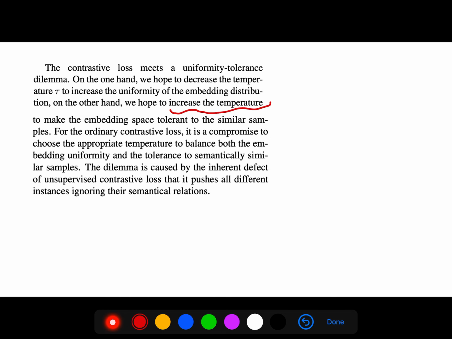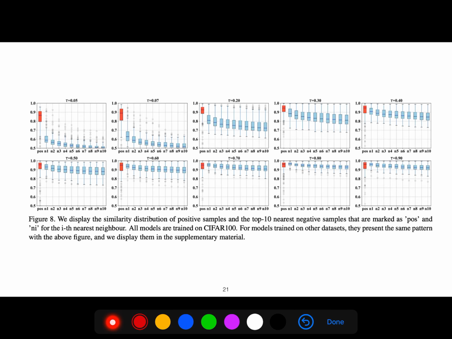So for the ordinary contrastive loss, it is a compromise to choose the appropriate temperature to balance both the embedding uniformity and the tolerance to semantically similar samples. The dilemma is caused by the inherent defect of unsupervised contrastive loss that it pushes all different instances apart, ignoring their semantic relations. So you see the effect of this temperature, tau.